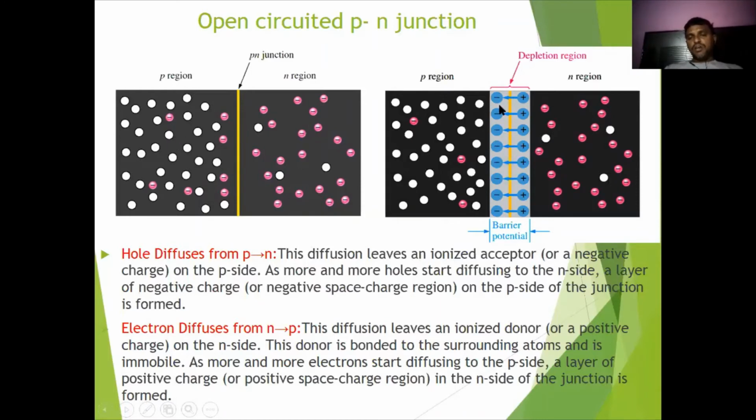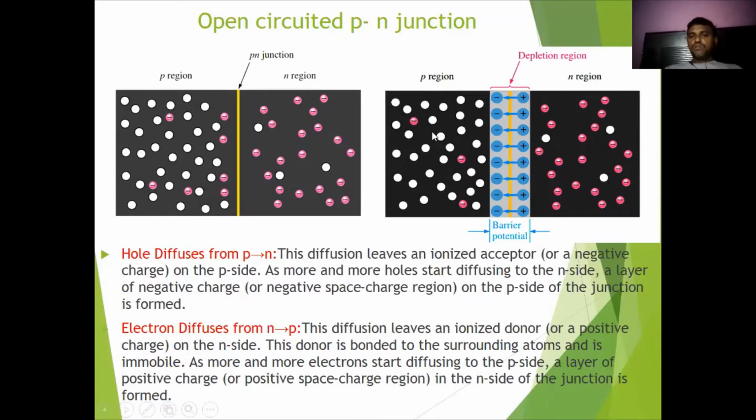So more negative charge will be present nearer to the junction in the P region, and at the same time more electrons are moving from the N region to the P region, so more positive donor ions will be present. A layer of positive and negative ions will be present nearer to the junction. That is what you can observe clearly here.